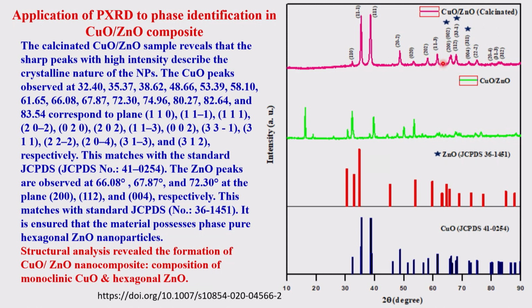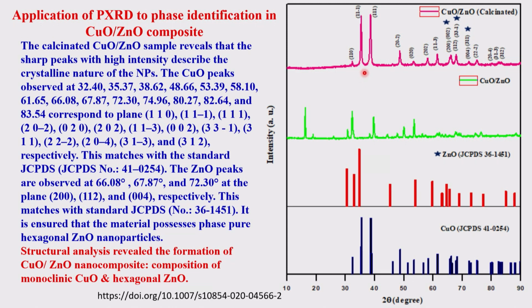When you calcine you get peaks without much of the background, and all the small peaks also become much better. That means you have some other materials which may be present, either moisture or other kinds of things. When you calcine, they all go away, so you get a much cleaner pattern.